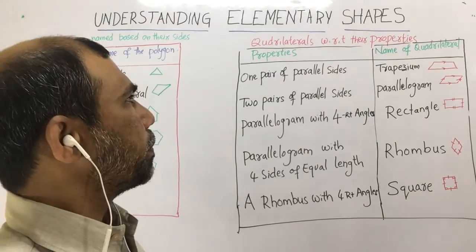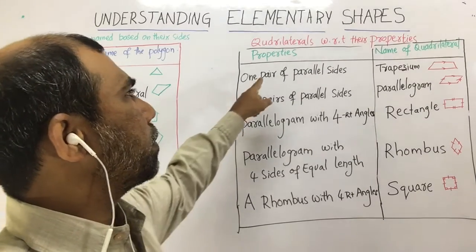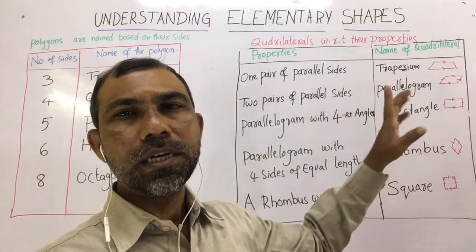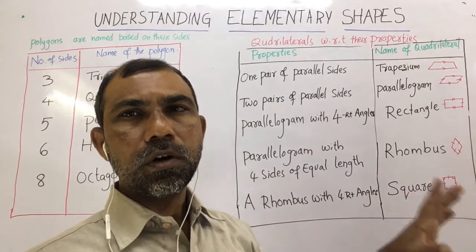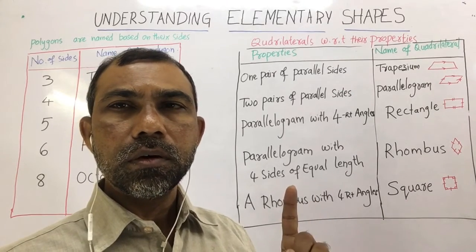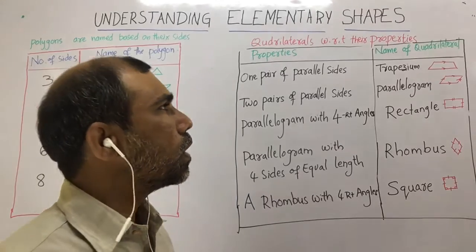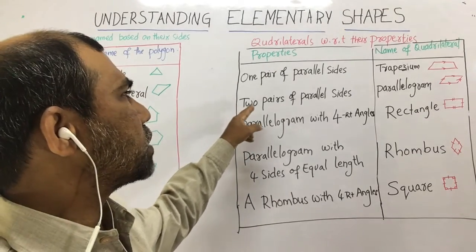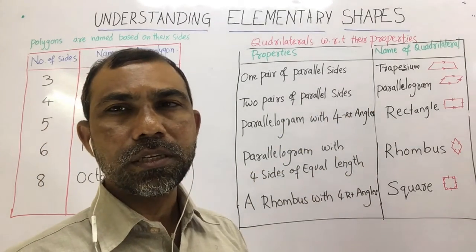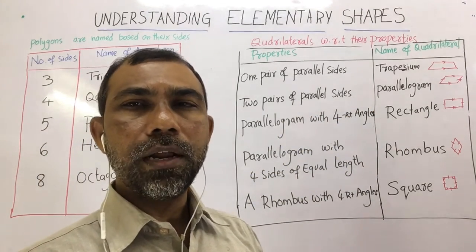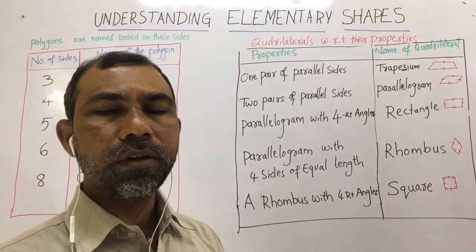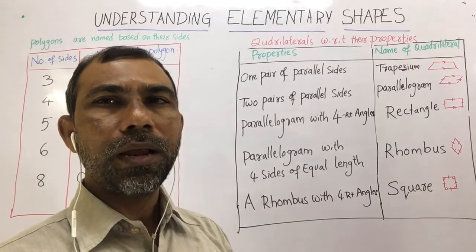For example, if one pair of parallel sides is there, then that particular quadrilateral is known as a trapezium. A trapezium or trapezoid has one pair of parallel lines, and if two pairs of parallel sides are there, then it is called a parallelogram. A parallelogram is a quadrilateral with two pairs of parallel lines.